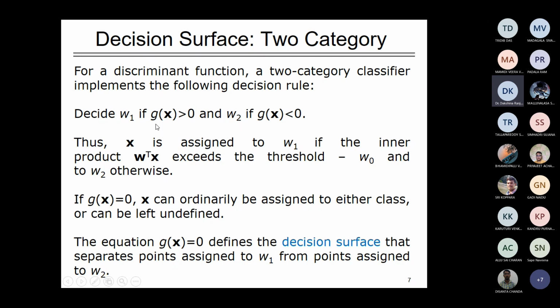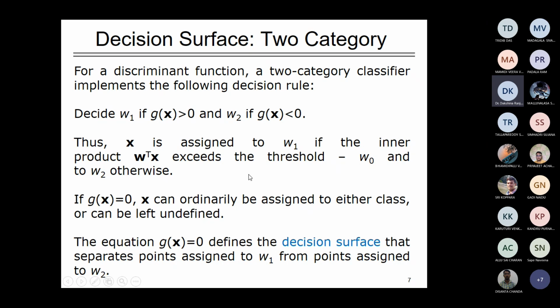Whenever g(x) is found to be greater than 0, we assign the feature vector x to w1, the positive class. When g(x) is found to be less than 0, we assign x to w2, the negative class. So x is assigned to w1 if the inner product w transpose x exceeds the threshold minus w0.